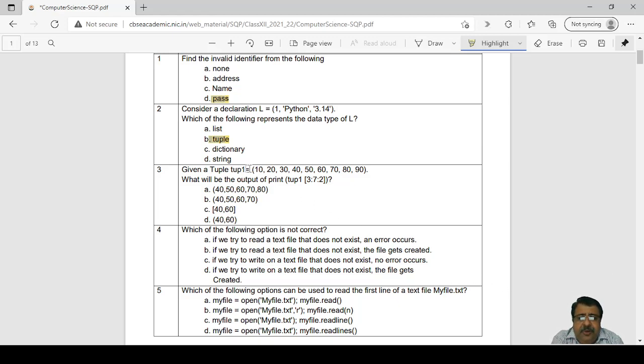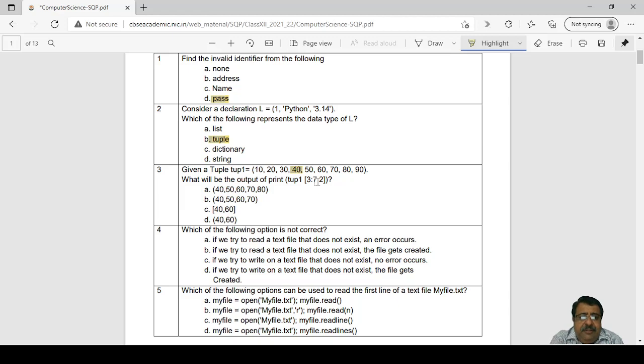Given a tuple tup1, what will be the output of tup1[3:7:2]? So when it is given in this form, we start with location number 3, starting with 0, 1, 2, 3. So the starting value is 40. Then the next index is given 7.